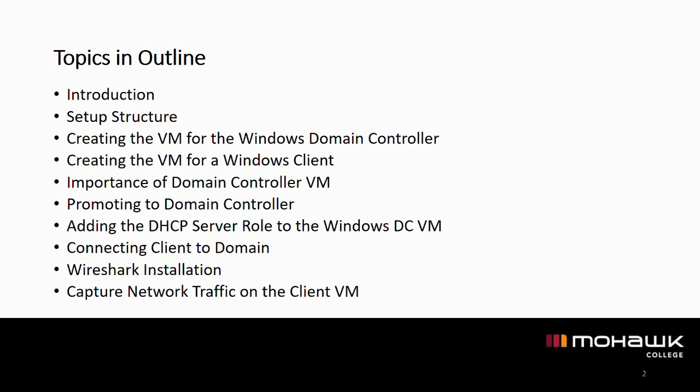Connecting client to domain. After fulfilling the adjustment for the domain controller virtual machine, we work on connecting the client virtual machine to the domain. In Wireshark installation, we install the Wireshark software.